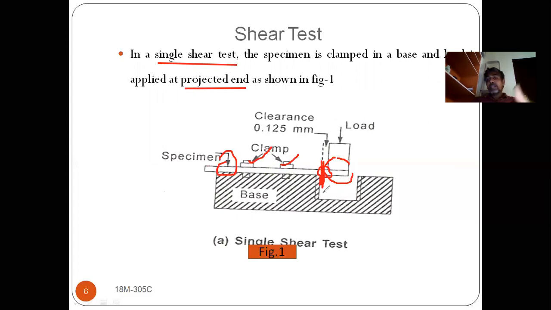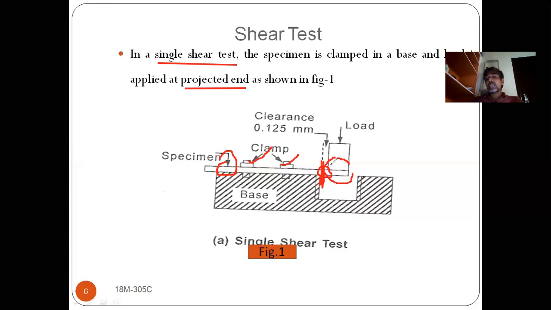How can we define shear strength? It is the ability to bear the transverse load without fracture, which is known as its shear strength. You apply the load, and at some point the fracture will take place. How much load it can bear without fracture will become its shear strength.